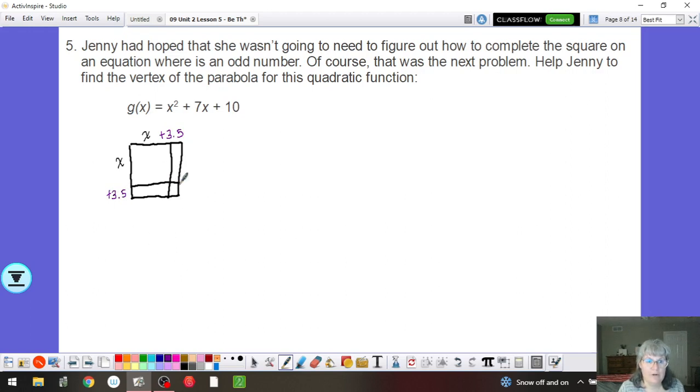And then to find our units, we have to take 3.5 times 3.5, which I believe is 10.25. I'm just going to double check with my calculator here. 12.25, so I was off. It is 12.25, not 10.25 for our units.